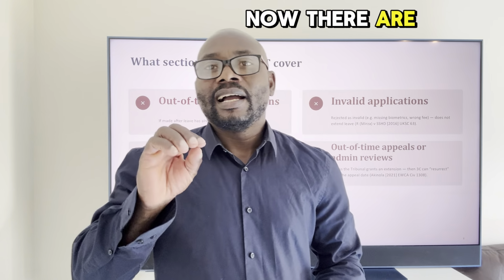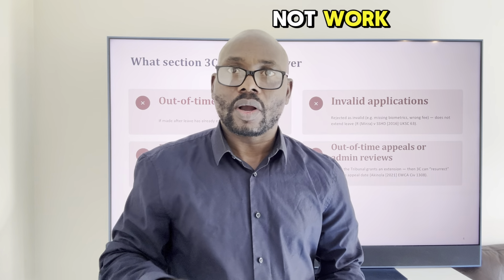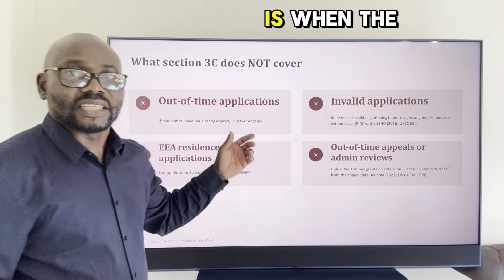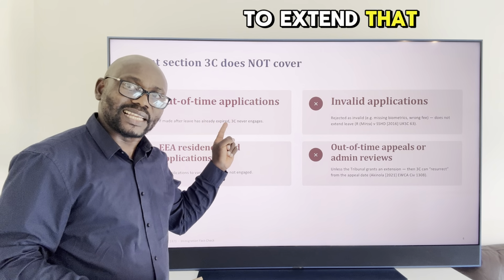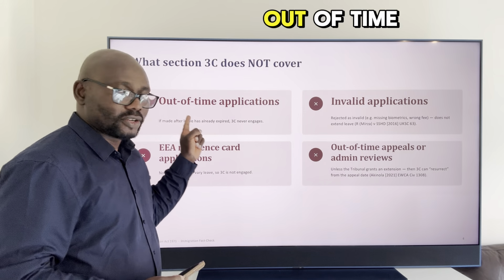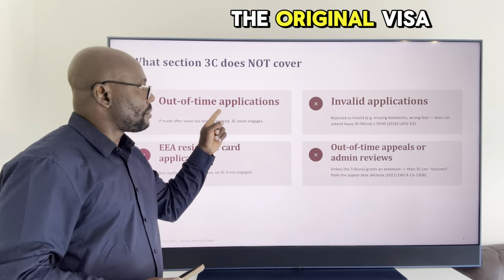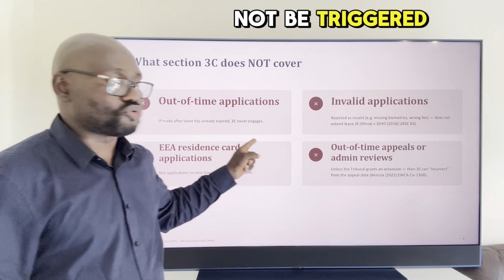Now, there are conditions where Section 3C will not work, and let me explain these conditions one after the other. The first one is when the application to vary, to renew, or to extend that visa is made out of time, meaning before the application was submitted, the original visa already expired. Section 3C will not be triggered.